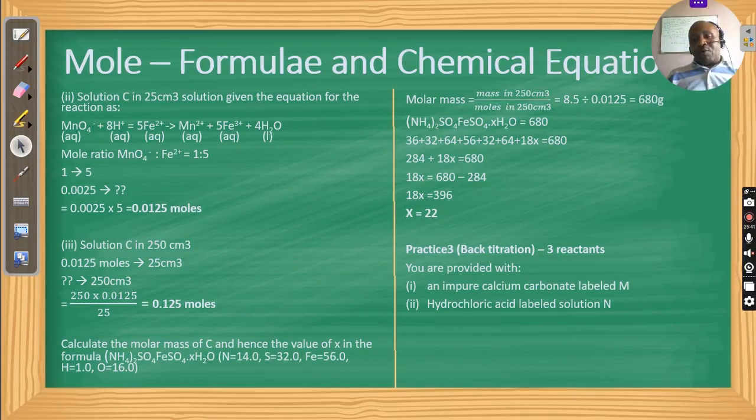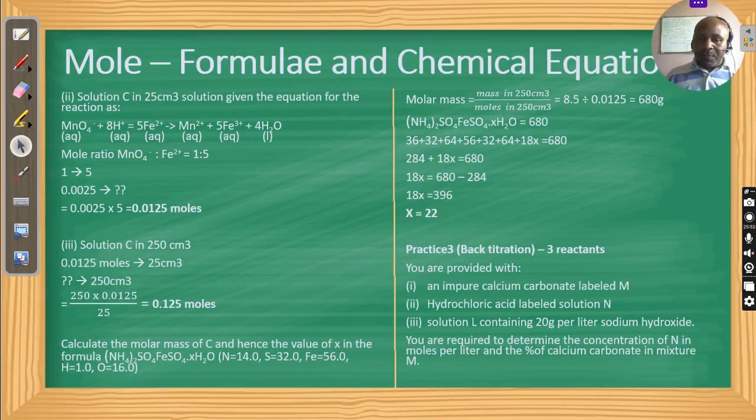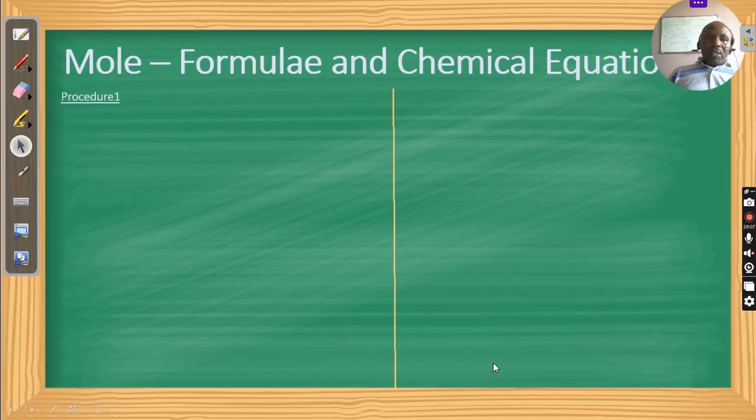Then you are provided with hydrochloric acid labeled N, and you are also provided with solution L containing 20 grams per liter of sodium hydroxide. So you are required to determine the concentration or molarity of N, which is hydrochloric acid, and also the percentage of calcium carbonate in the impure mixture M. So let us get started.